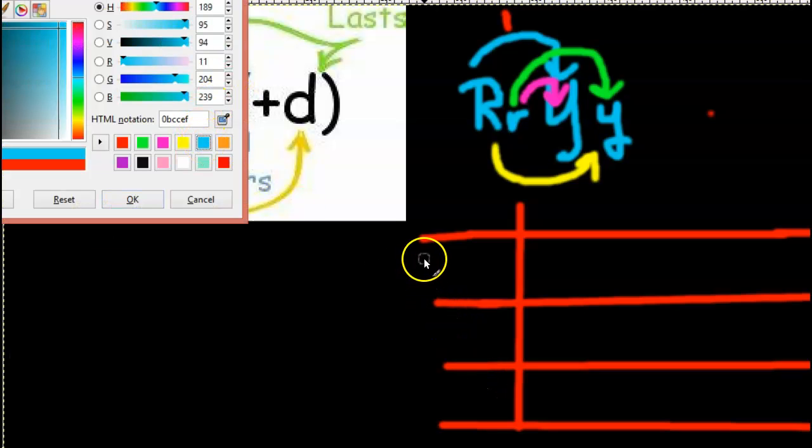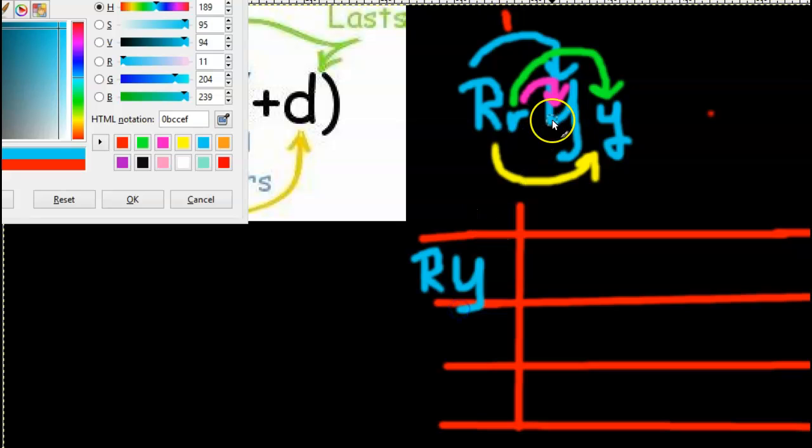Right here, I have to have one of each of the letters, the big R and the big Y. See what I did right there? That was our first. And then our second was going to be yellow, so big R with little y.